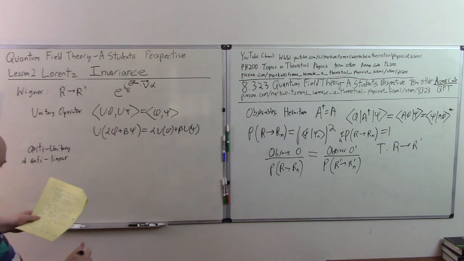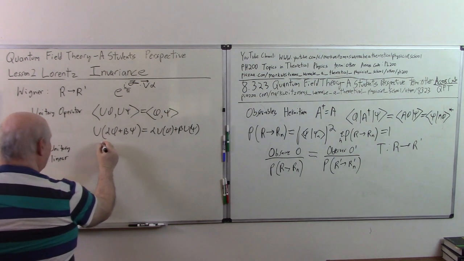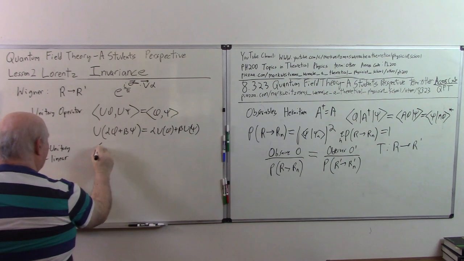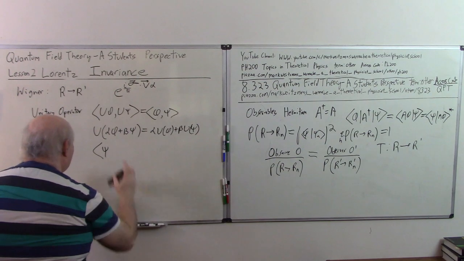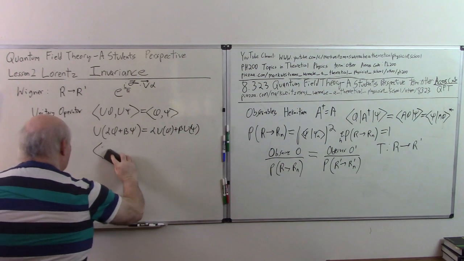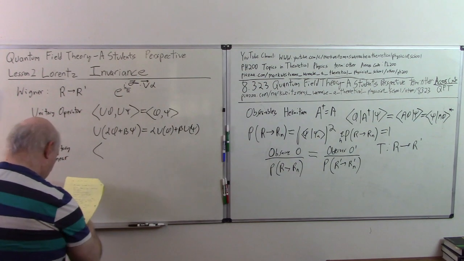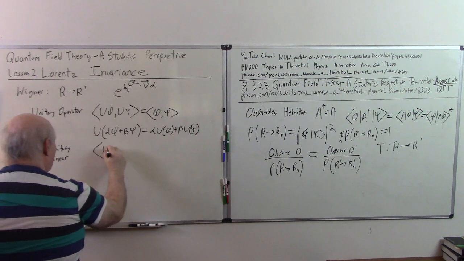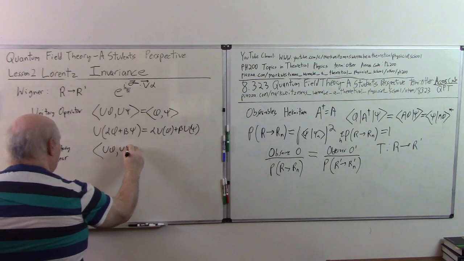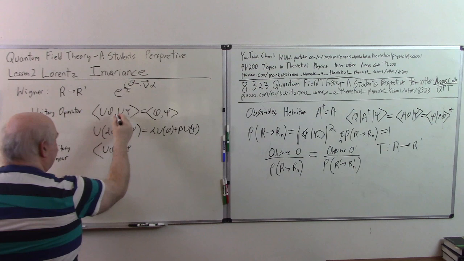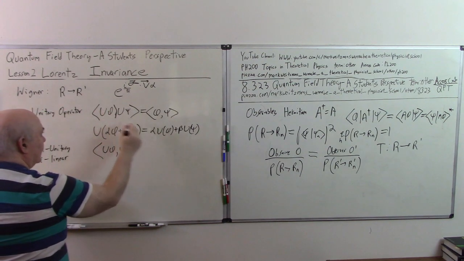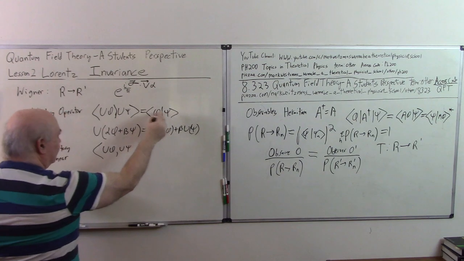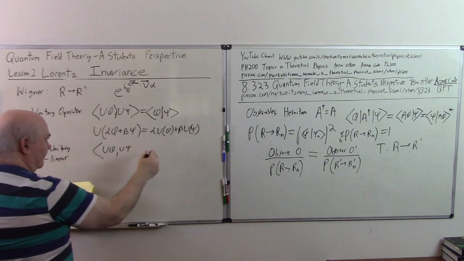But here what we have is a little bit different. The comma is just Weinberg's notation for scalar products instead of the Dirac notation.